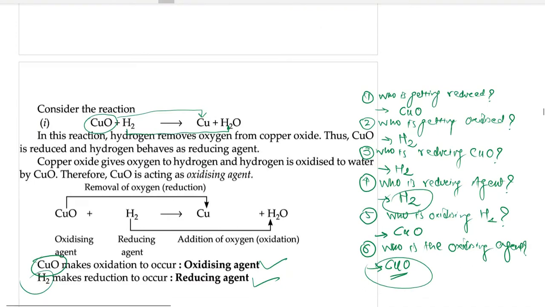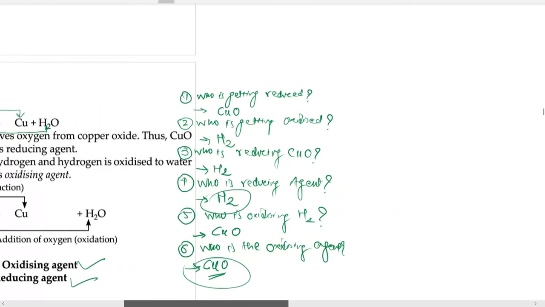Okay, the example which we are going to study is CuO plus H2 gives Cu plus H2O.